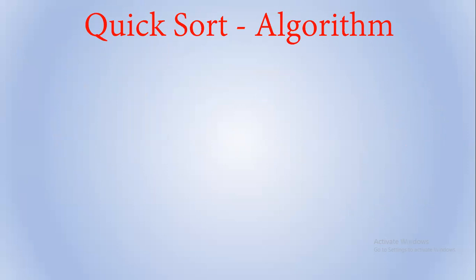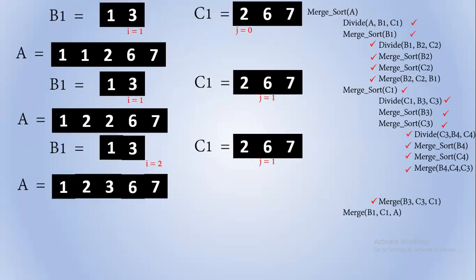In merge sort, there are basically 3 steps: a divide operation, then conquer, which means calling this function recursively for the divided subarrays, and at last combine, that is merge.